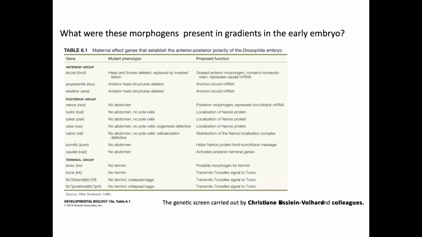Okay, so then following this, what did Drosophila do? The whole idea of gradients was very curious.